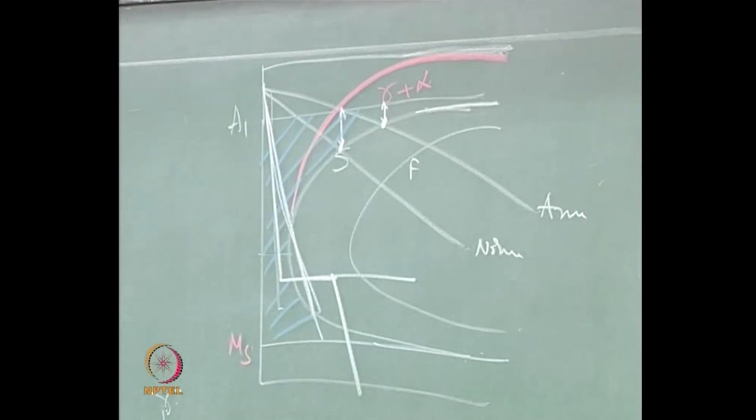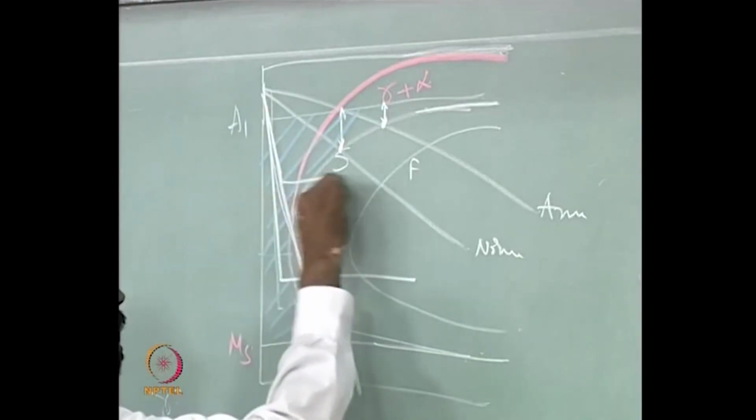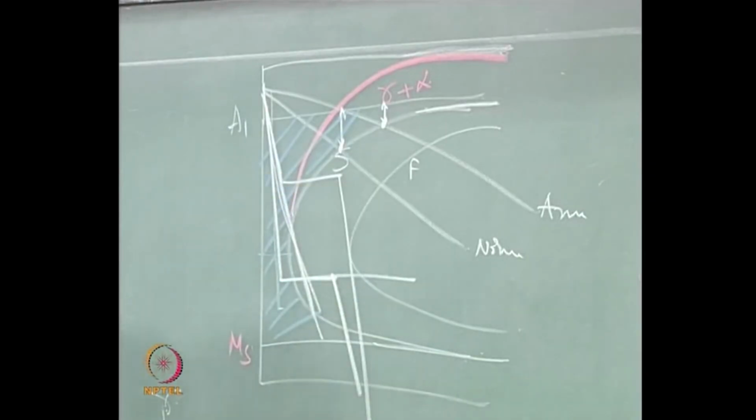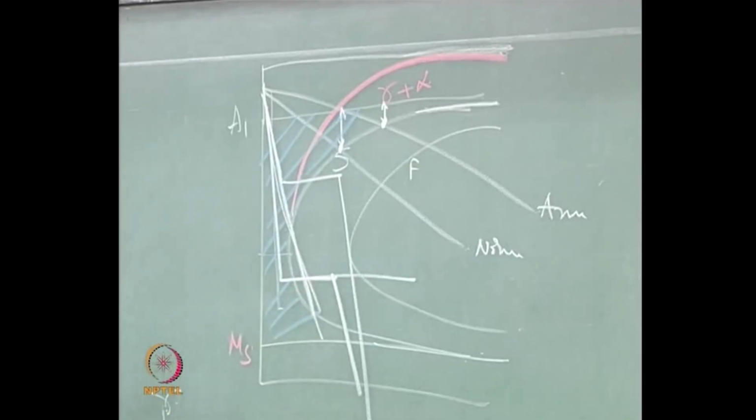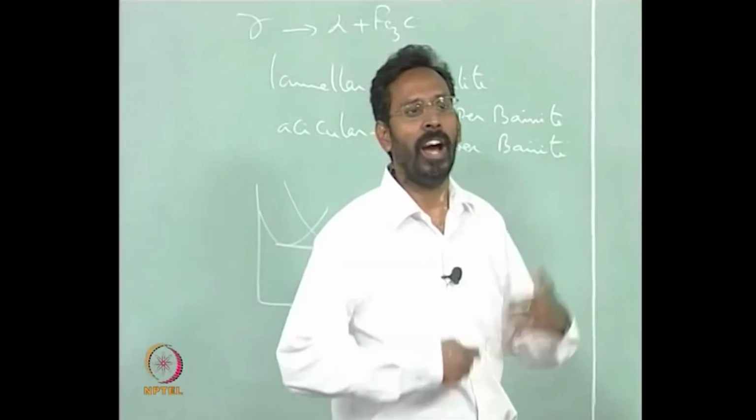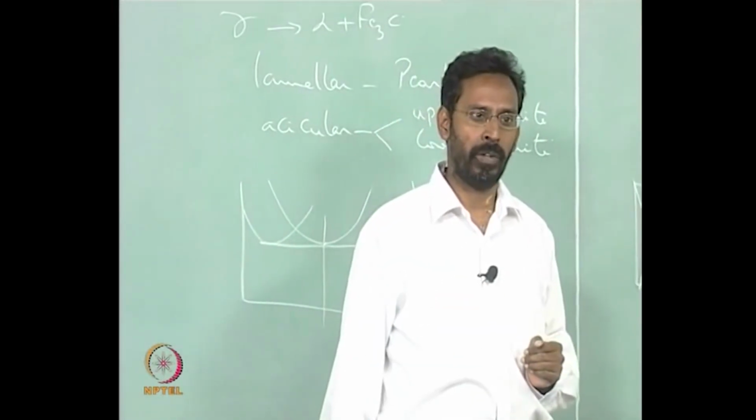Bainite plus martensite, not pearlite plus martensite. If you hold it here and then quench it, you get pearlite plus martensite. If you hold it here and then quench it, you will get bainite plus martensite, because below the nose, we have already discussed yesterday that the morphology of the ferrite is different, you do not get lamellar.